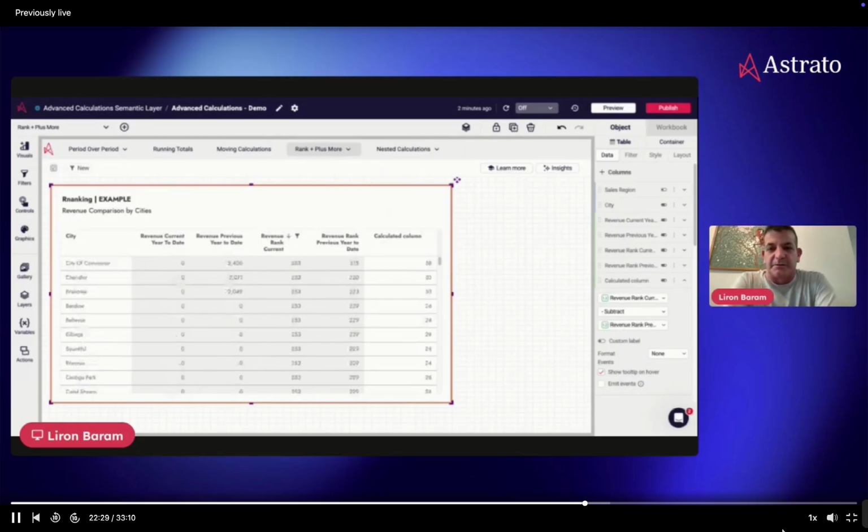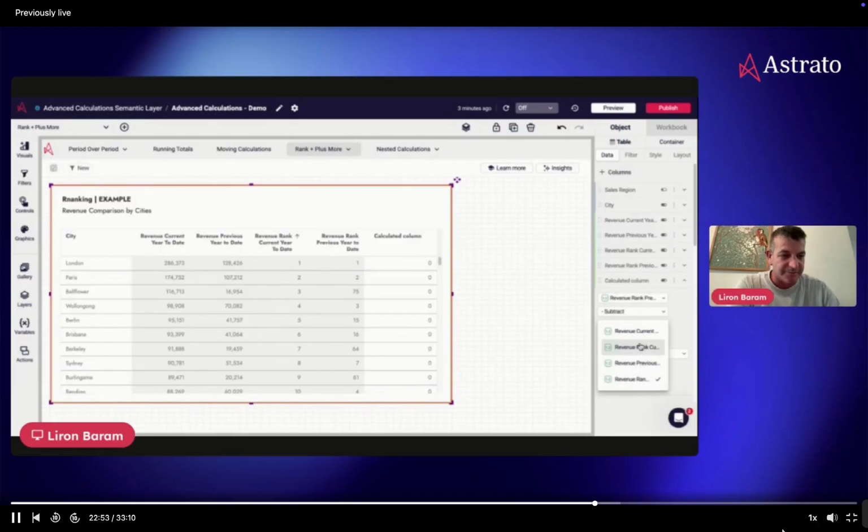Yeah, so what we can see is that Bellflower, the third rank city this year, was only the 75 rank city last year. Let's change the order, it will be more accurate. So what we can see is they gained 72 places.